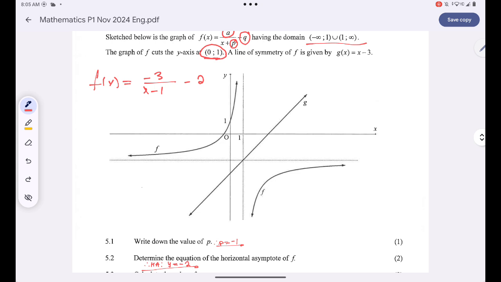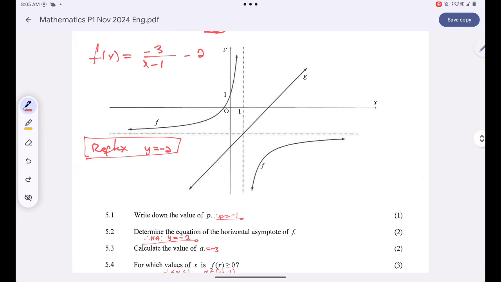I can simply reflect the graph on the line y is equal to negative 2. This is the first thing that I can do, guys, for me to have a graph with a positive gradient, right? Because if I do so, I will simply have a graph which looks like this. A graph that looks like that.